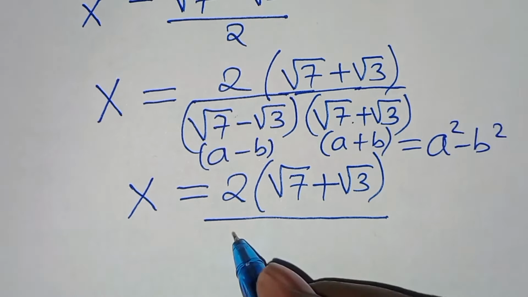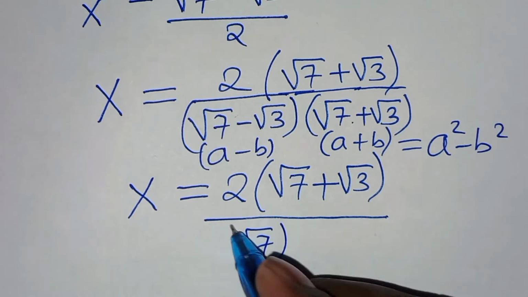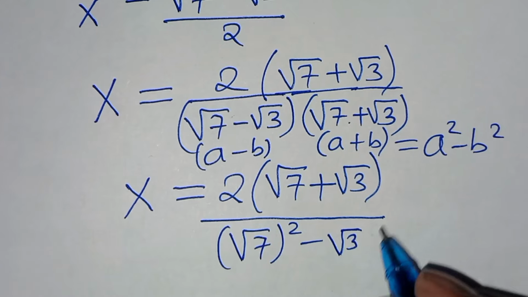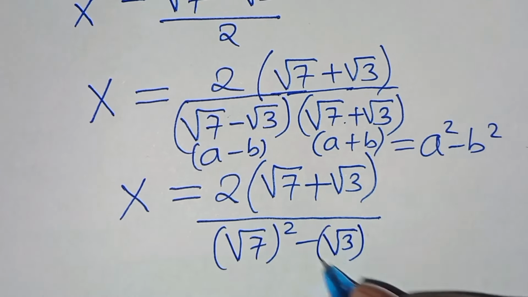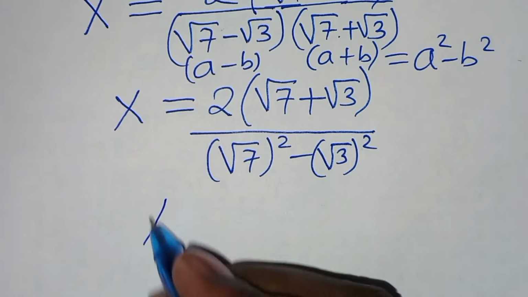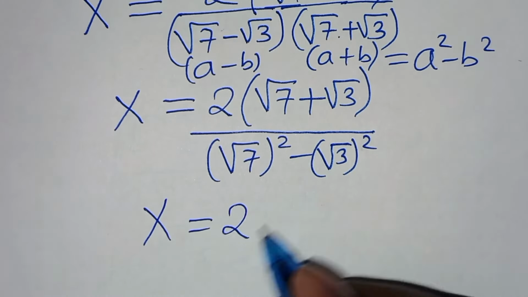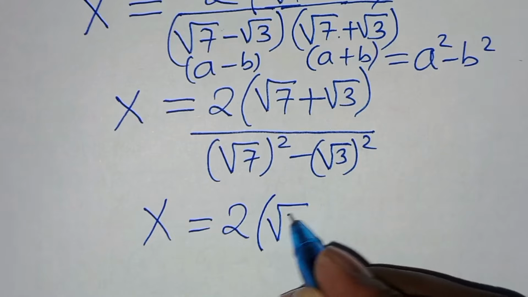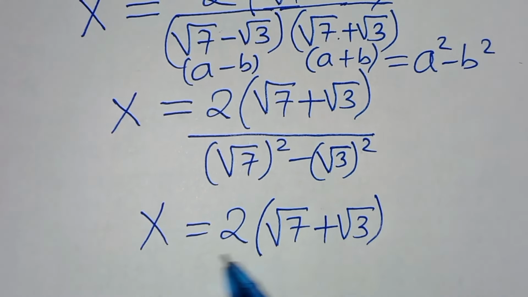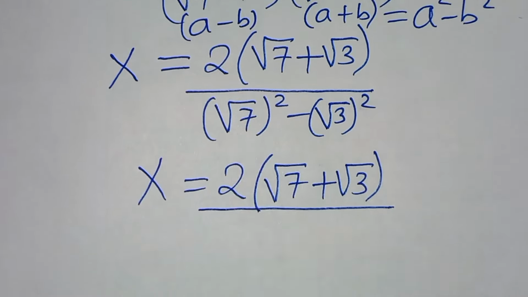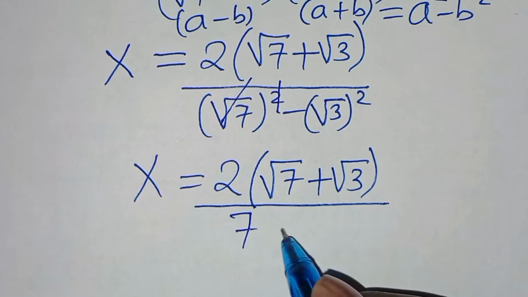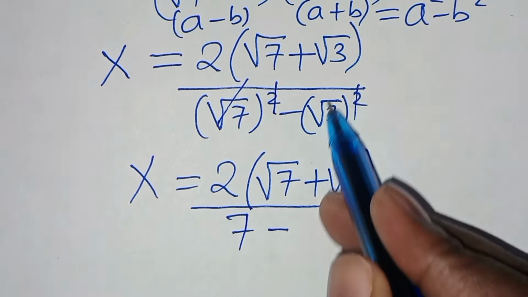So here we'll have square root of 7 squared minus square root of 3 squared. So here we have x equal to 2 times square root of 7 plus square root of 3 divided by, now square root of 7 squared, we eliminate the square root sign, so this is 7 minus 3.